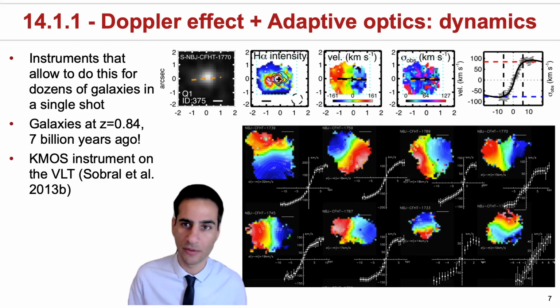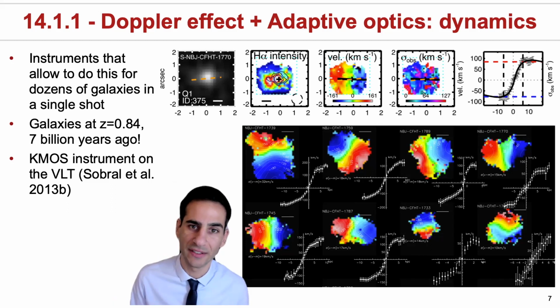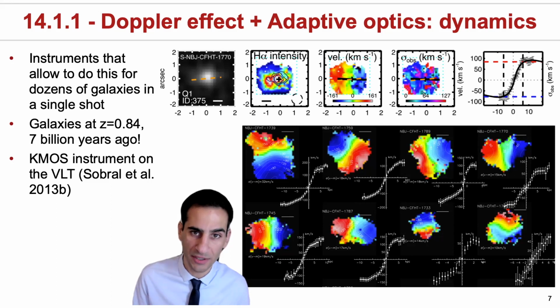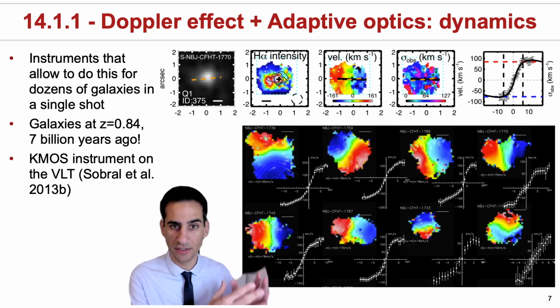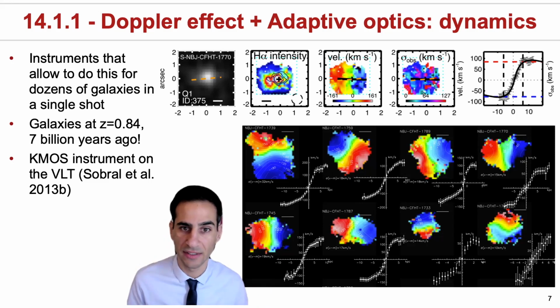One of the really big revolutions for studying galaxies that are really far away in a resolved way has been essentially the creation, deployment, and usage of some of the best instruments on large telescopes that allow us to conduct these sorts of observations for many galaxies at the same time.